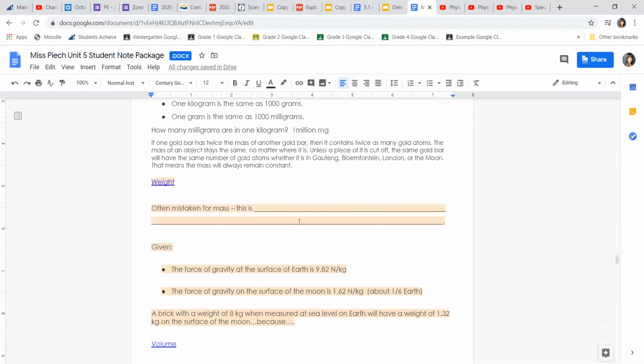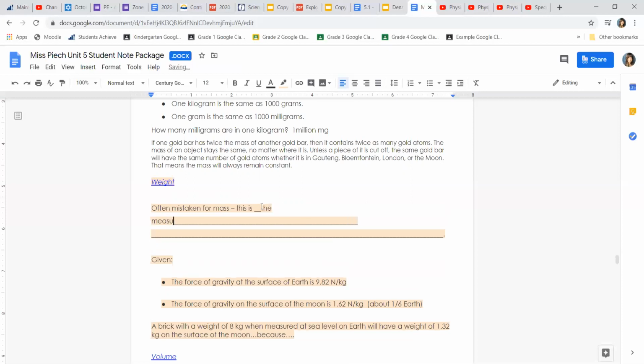And so here, often mistaken for mass, weight is actually the measurement of the pull of gravity on an object. With Earth, we have a set gravitational pull, and that's how we determine our weight. Whereas if you're on the moon, your mass remains the same. You haven't lost chunks of your body or anything like that.